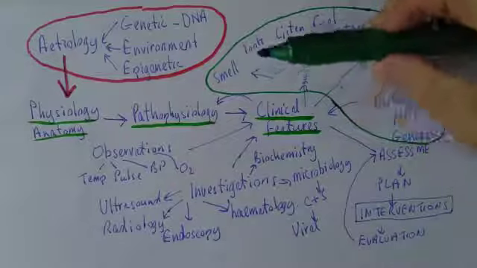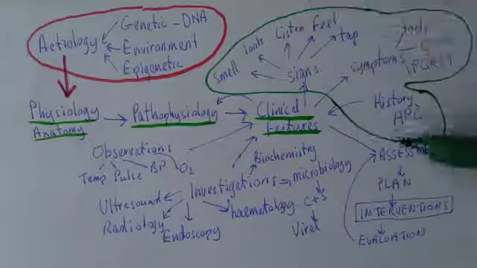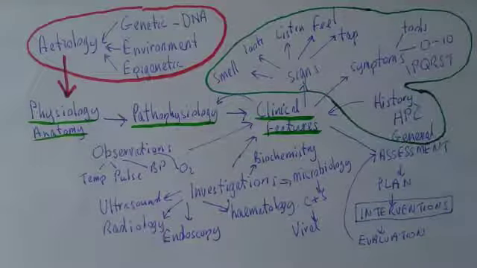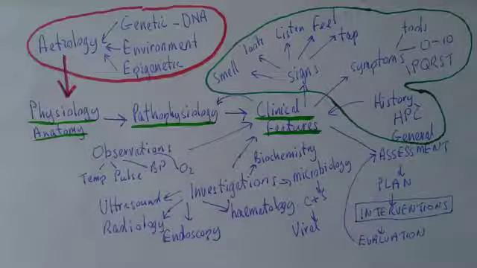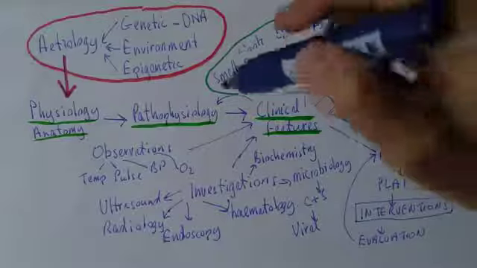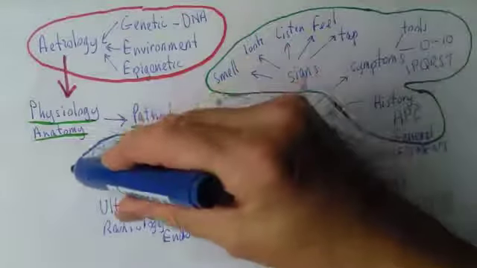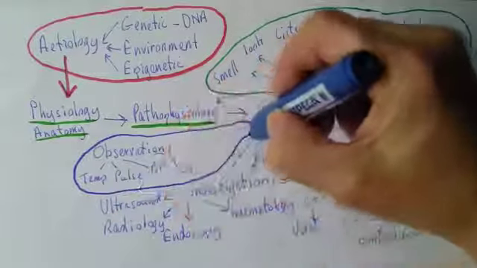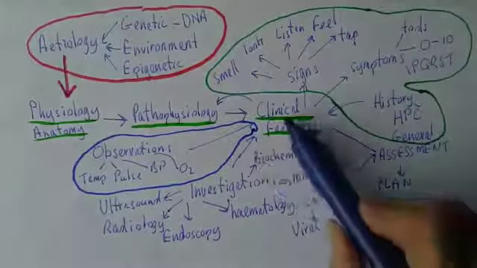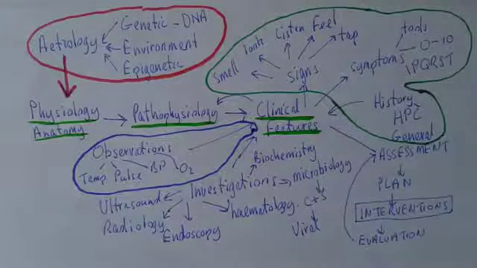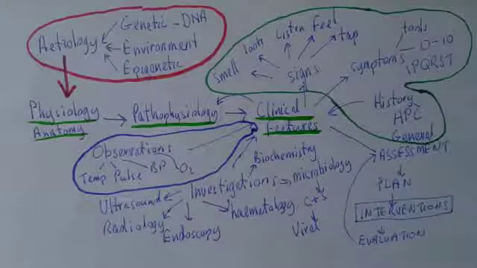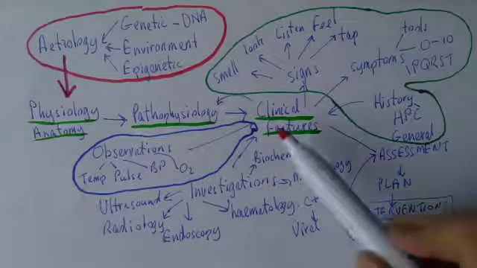So we need all the clinical assessment skills, we need all the communication skills to be able to get this information that we require so that we can assess our patients effectively. And then we've got all our observation skills, taking clinical observations, that are all going to feed into our understanding of the clinical features.